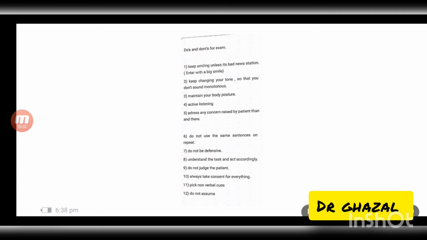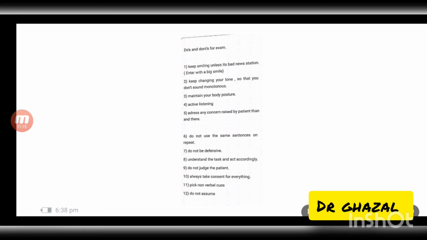For example, when doctors don't do active listening, the patient will give you one piece of information, "Doctor, I have pain in my chest," and then the doctor repeats, "Can you tell me where your pain is?" And the patient will be pretty angry: "I just told you, doctor, that it's in my chest." So don't say, okay, I was busy or I couldn't hear.